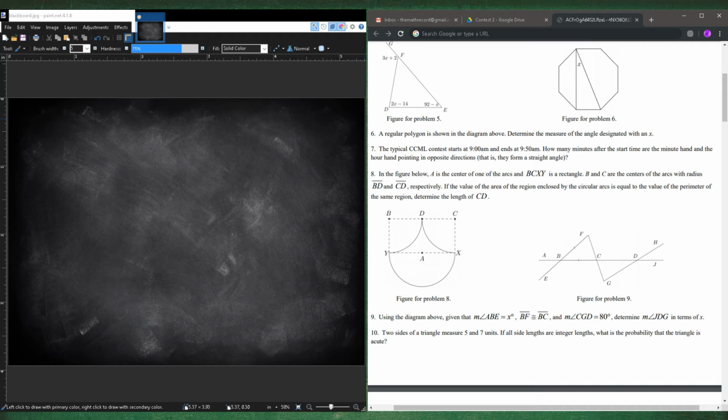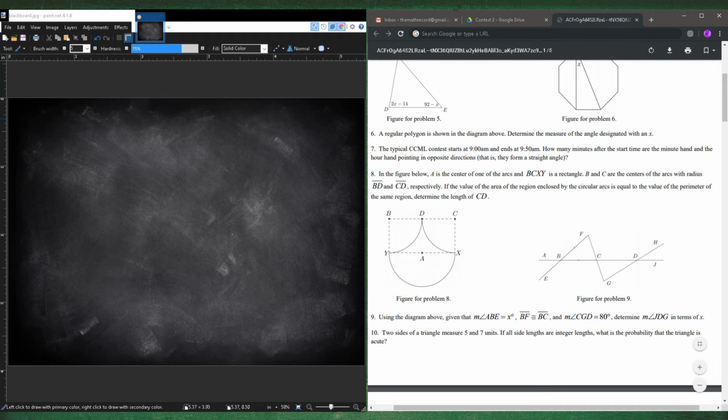Okay, so the area in here is equal to the value of the perimeter of the same area, so the perimeter. So the area of this, let's just say BD is equal to X.